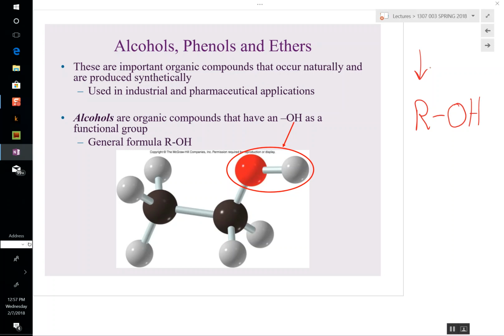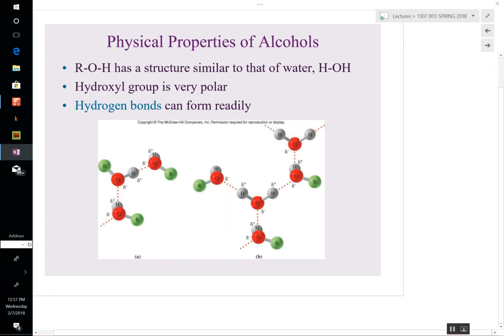It could be 2. It could be a benzene ring. It could be an isopropyl group. So that's what we're saying, general formula. So there's always an OH in an alcohol. And then what else? Well, there are thousands of different kinds of alcohols. Properties.